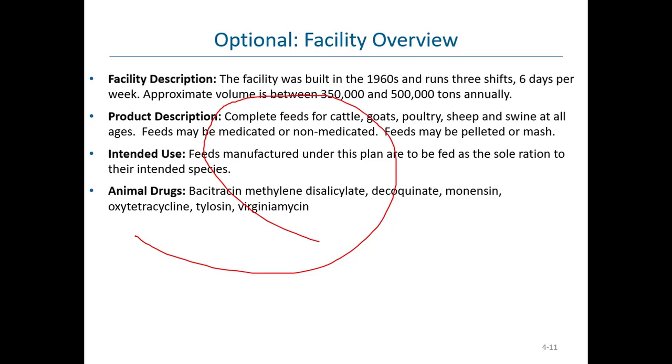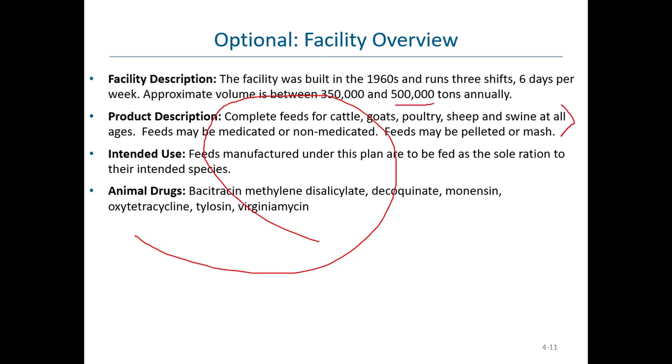The next step from there is they're going to compare that list to the list that you make in your food safety plan. And we'll get there in just a little bit when we get into chapter 5, but you are also going to have a list of known or reasonably foreseeable hazards. And so this investigator can compare the two and see if there's any discrepancies between them. Okay, so facility overview can include things like just a description of the facility itself, how much feed you're making, product description.